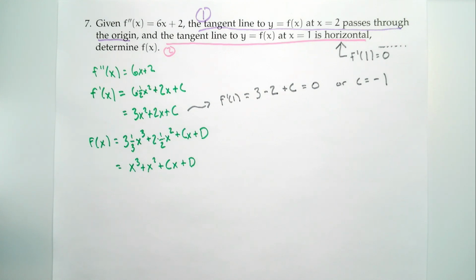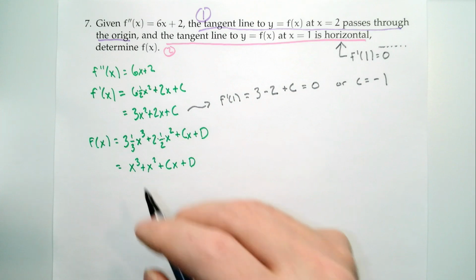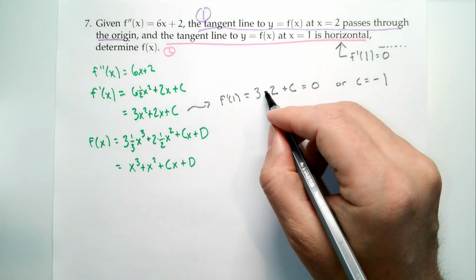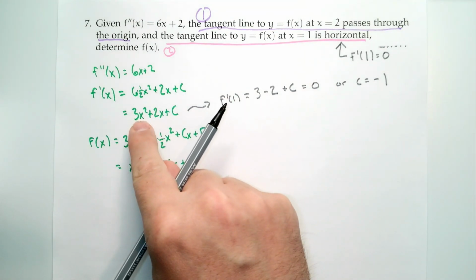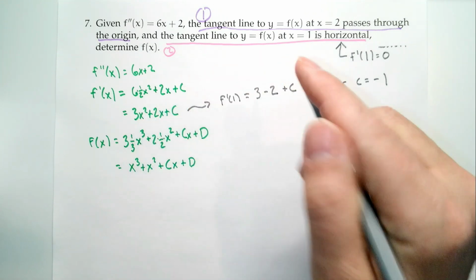Just checking my notes here. That does not seem to be the right answer. Aha! I can't believe I screwed that up. This should be 3 plus 2 plus c.